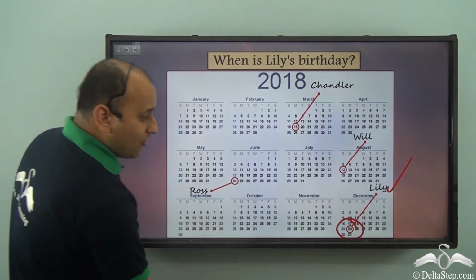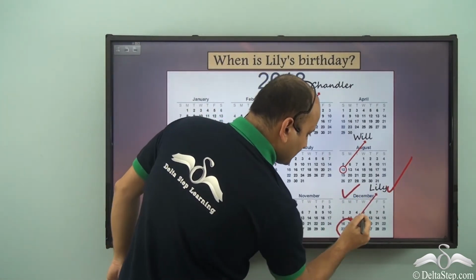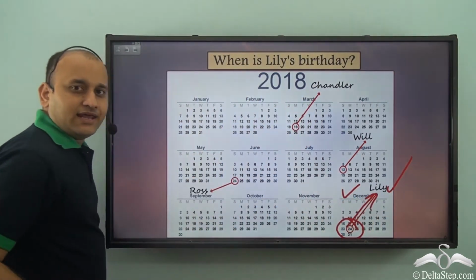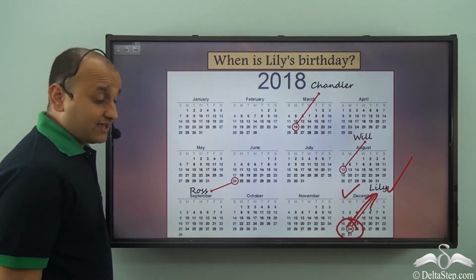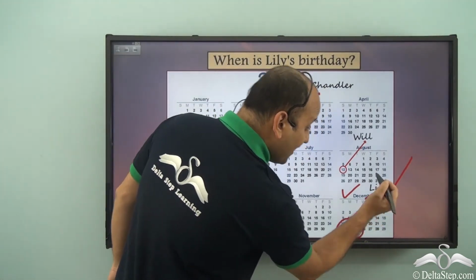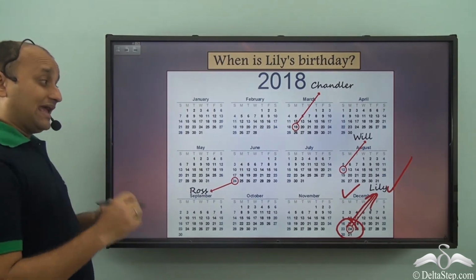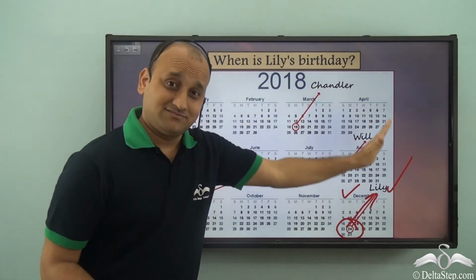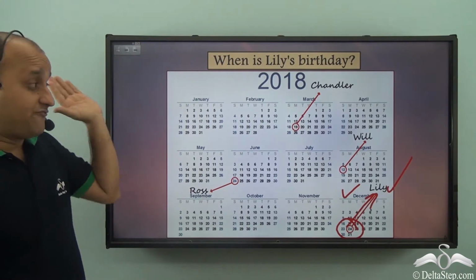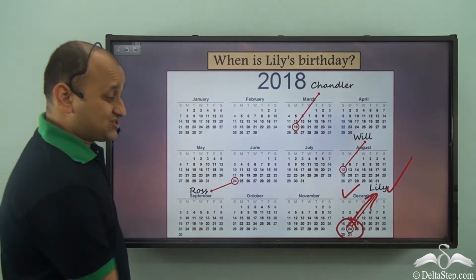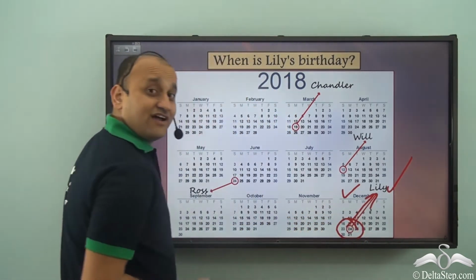It's 24 December, which points to Lily. So, when is the birthday of Lily? It's 24 December. So, again, we had data, and from data, we extracted birthday of Lily.